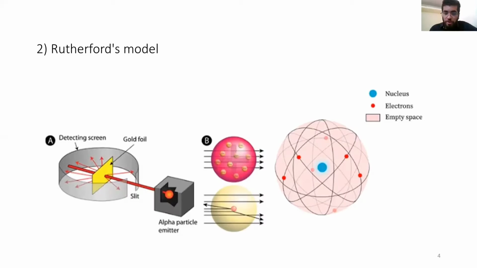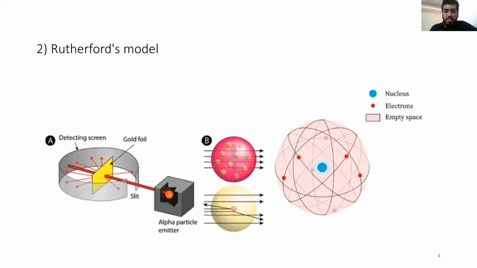So he concluded from this that most of the space of the atom is empty, and very few deflected alpha rays indicate that positive charge occupies very little space in the atom. And deflection of rays at 180 degrees indicated that the positive charge and the mass of the atom are concentrated towards the center of the atom.